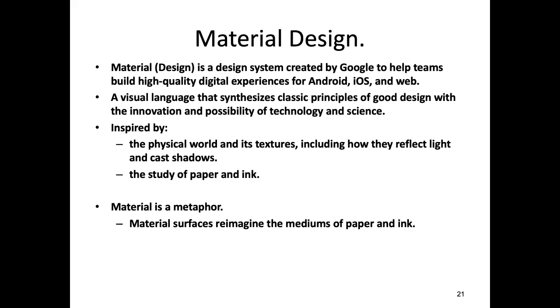They actually turned their attention towards classic design principles. In other words, how real world textures and surfaces are represented on pen and paper, how we represent light and light reflection and shadows, etc. And from that, they came up with a kind of vocabulary that we could apply to user interface design.